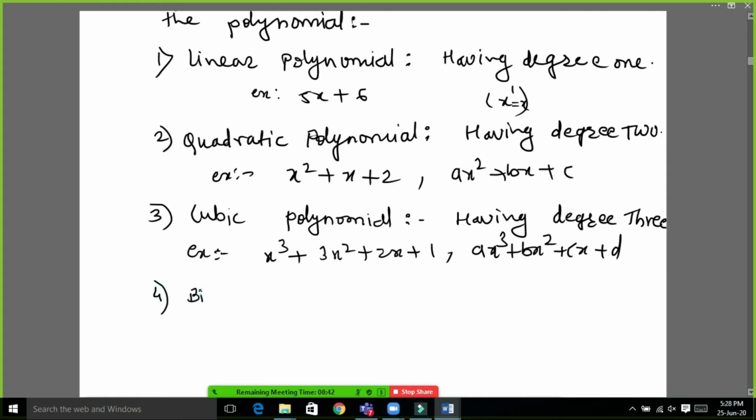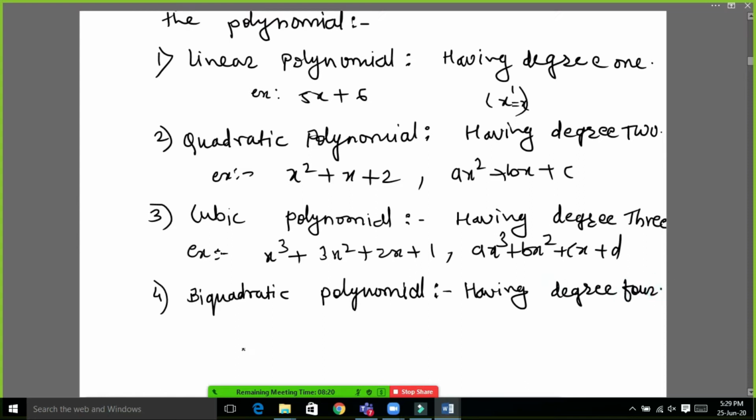Next is the biquadratic polynomial. Bi means 2 and quadra means 2 again, so 2 and 2 is 4. A polynomial having degree 4 is a biquadratic polynomial. For example, let us take x to the power 4 plus x cube plus 5x square plus 6x plus 2.